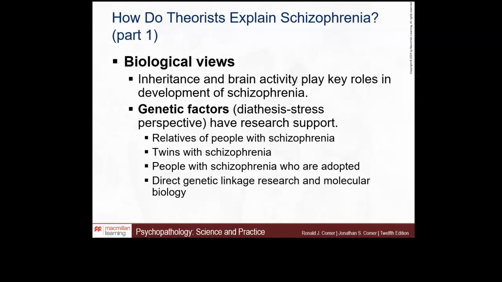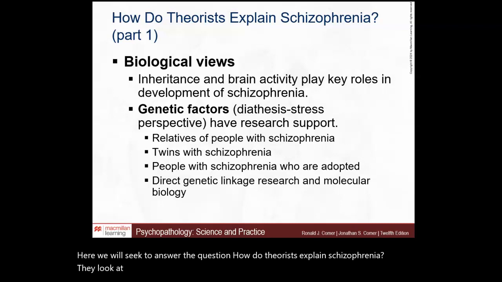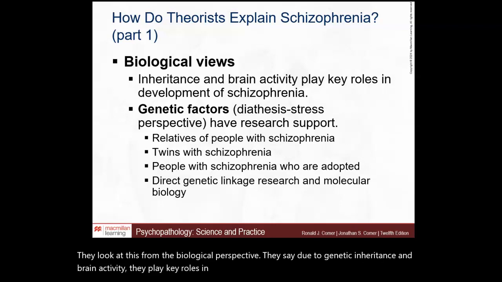Here we will seek to answer the question, how do theorists explain schizophrenia? They look at this from the biological perspective. They say that genetic inheritance and brain activity play key roles in the development of schizophrenia.